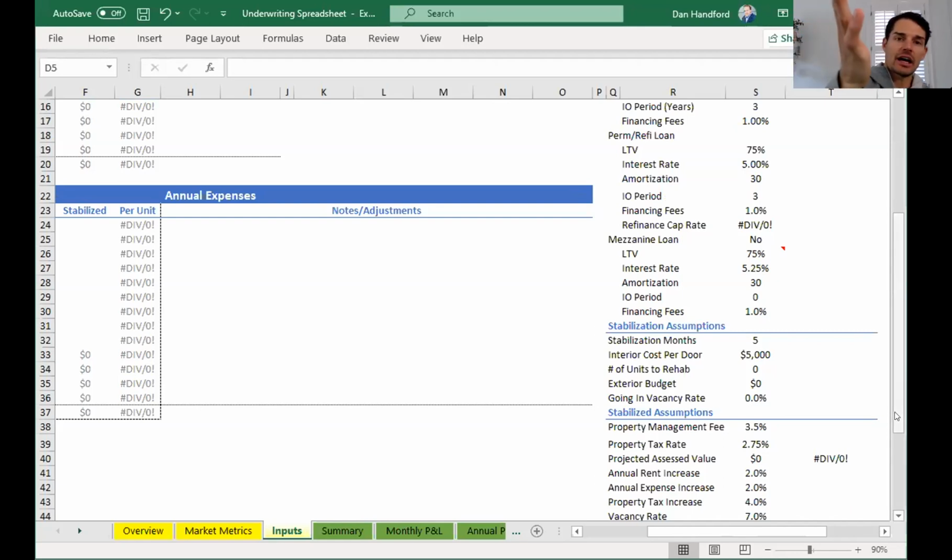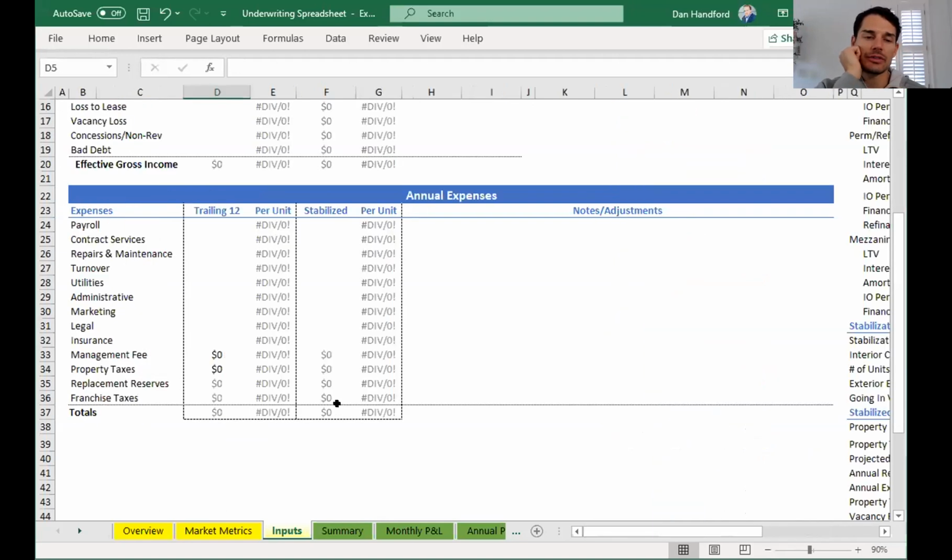And on the left side, if we can scroll to the left, on the left side of our inputs tab, again, this is a very important section here because you are inputting the historical T12 information from the seller, and then you are developing your stabilized assumptions for expenses.